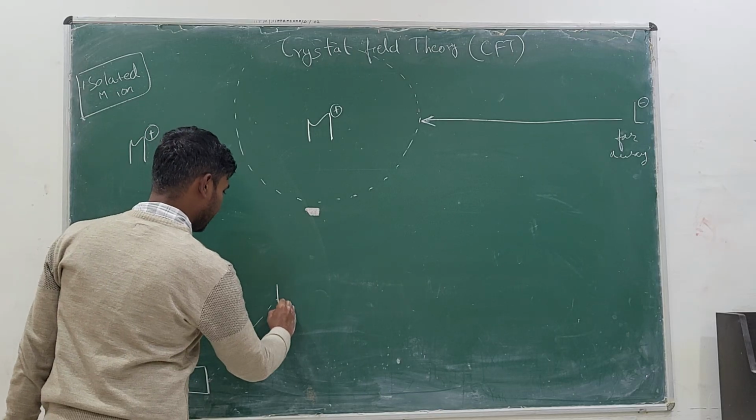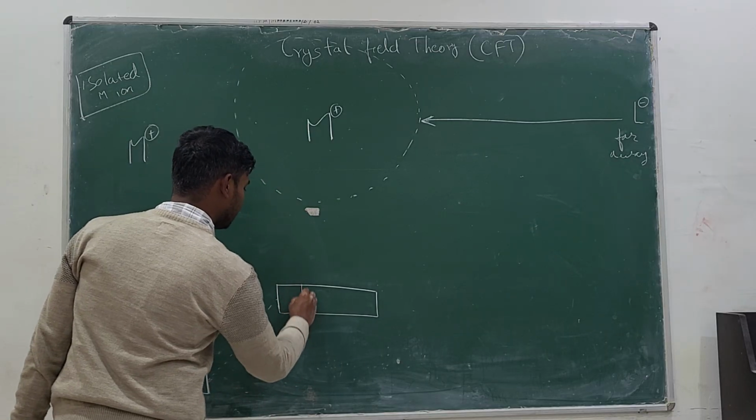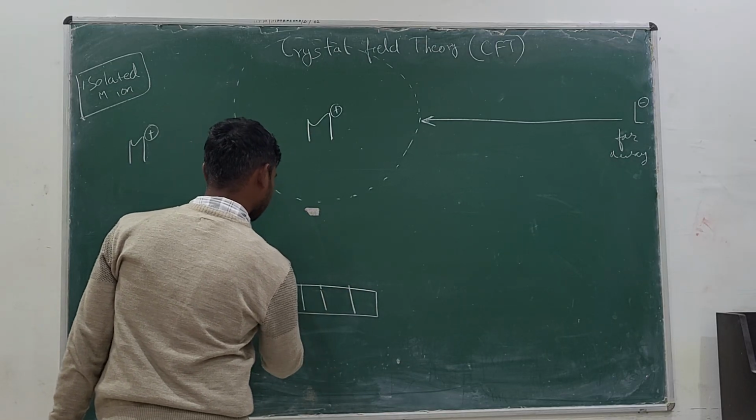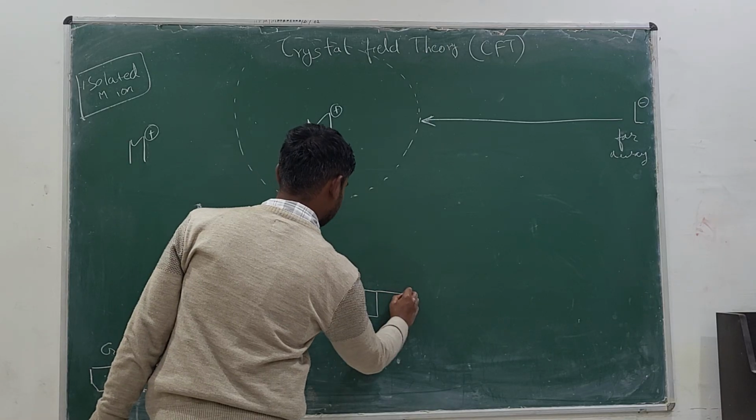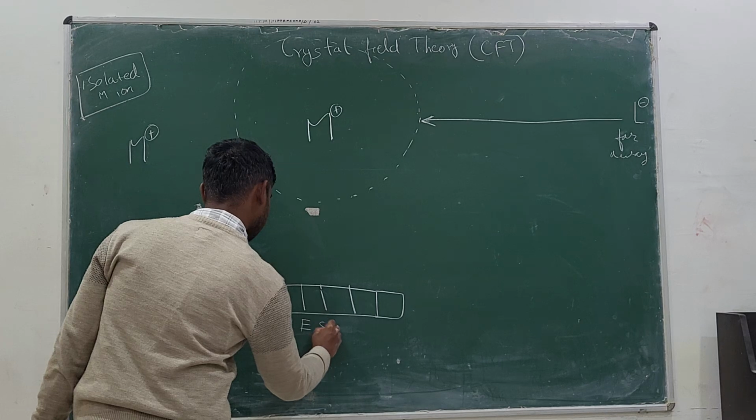So our d orbitals come to the excited state, but not yet split. This is our excited state.